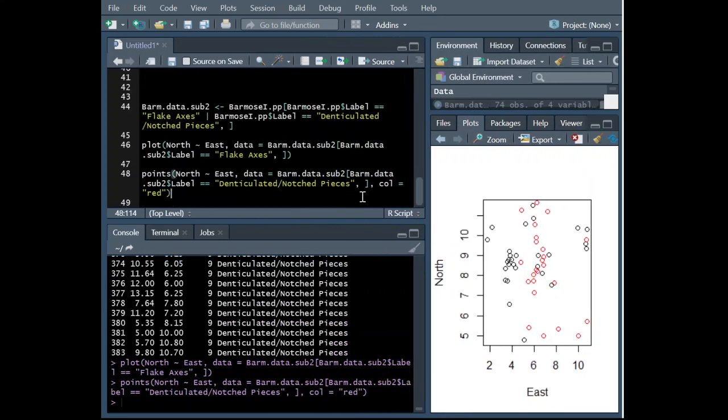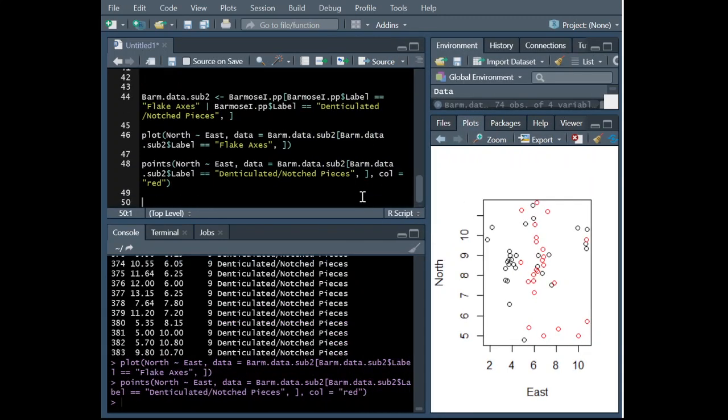Now, let's see what the difference in the easting coordinates is for these different artifact types again. Perhaps there's a reason that we think that there's some east-west trend across the site in the distribution of these two artifact types.